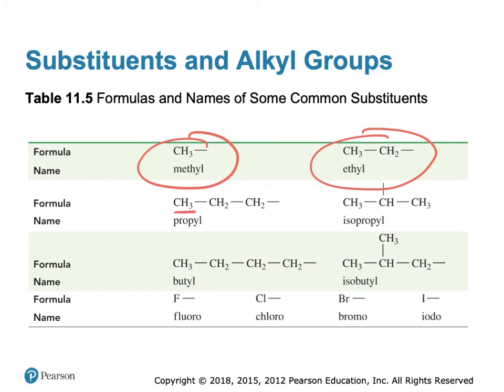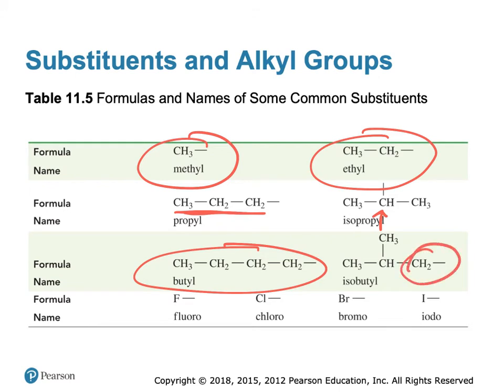If it is just a linear chain of 3, it is a propyl group. If you have a branch, so see here where you're attached through that middle carbon, that is known as an isopropyl group. If you have a linear chain of 4 carbons, that is a butyl group. If you have a substituent coming off of the chain where there's then this branch, it is known as an isobutyl group. And then for the halogens, fluorine is fluoro, chlorine is chloro, bromine is bromo, and iodine is iodo.